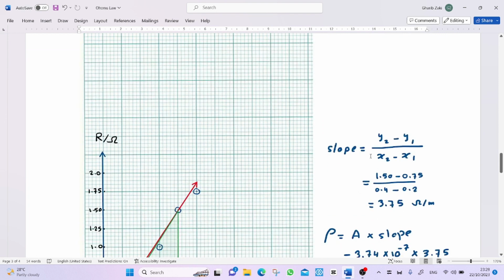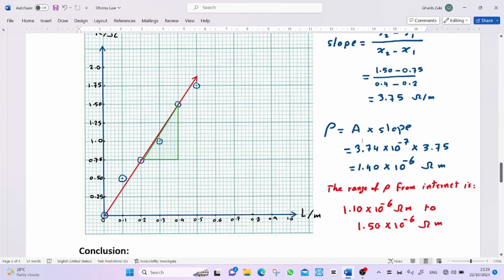We draw the graph as shown. The length in meter, so it is 0.1, 0.2, 0.3, 0.4, and the resistance in ohm, we divide it into 0.25 each unit. We plot the points and we draw the best fit line.